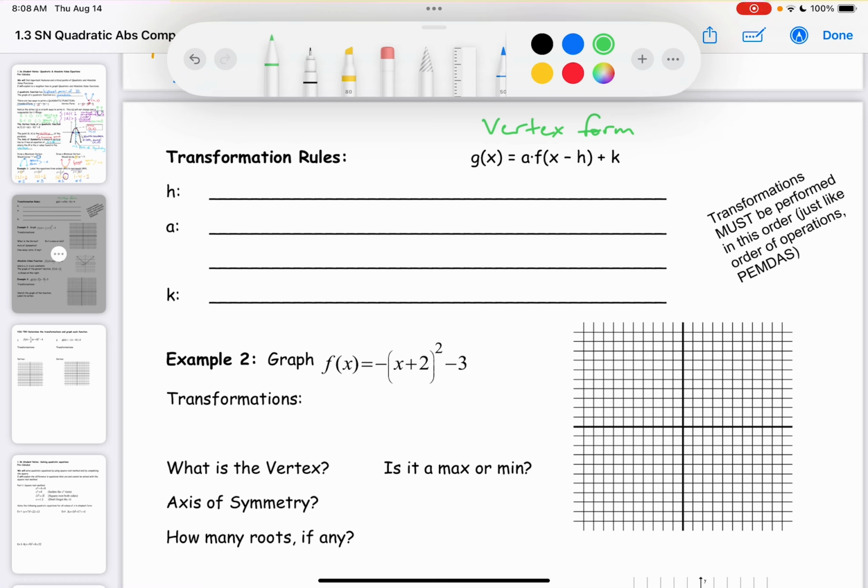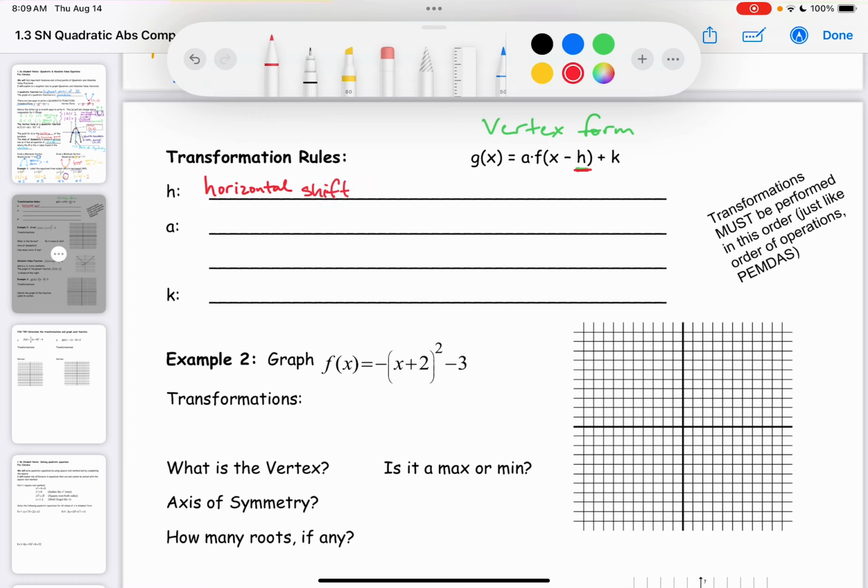So let's start with our H value right here. And I'll write all about H. Let me actually switch over. I'll color code these. So H, which is kind of nice, H is a horizontal. So that's kind of easy to remember. H, horizontal, shift.